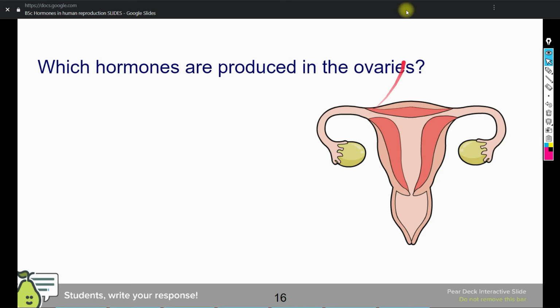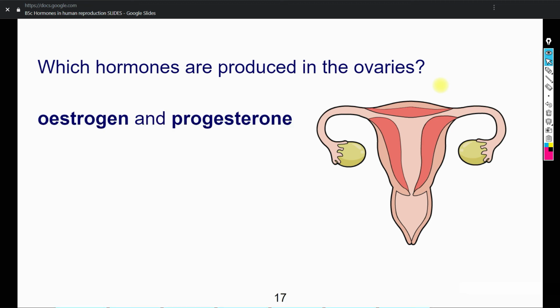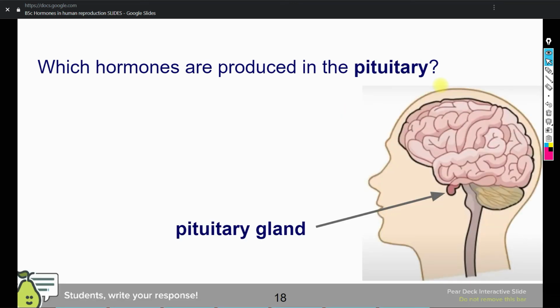So quick recap. Which hormones are produced in the ovaries? There's estrogen and progesterone. Which hormones are produced in the pituitary gland?